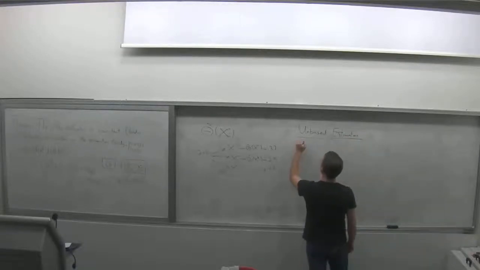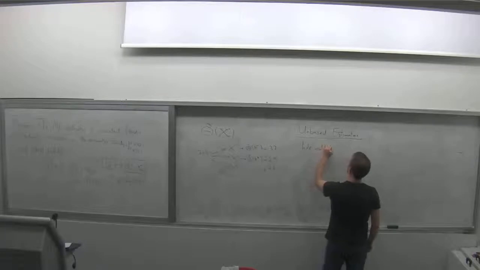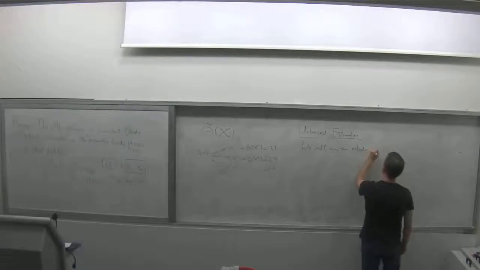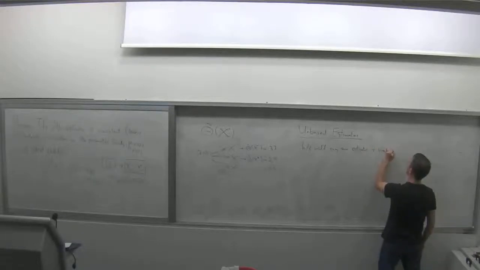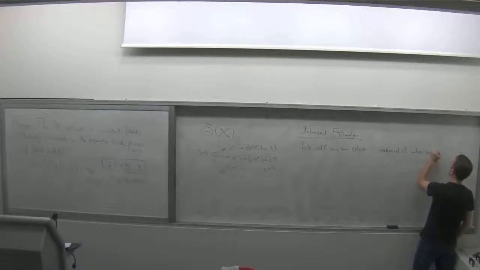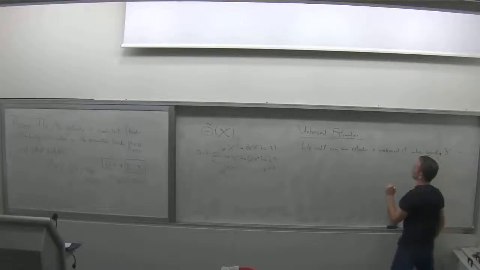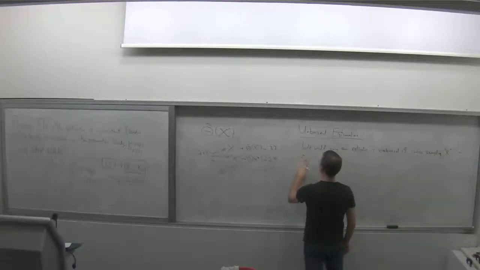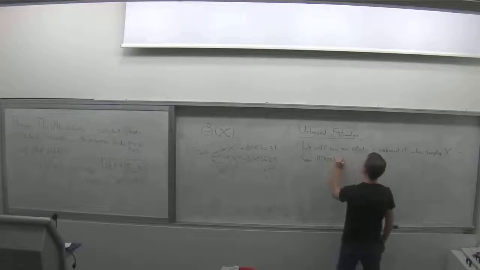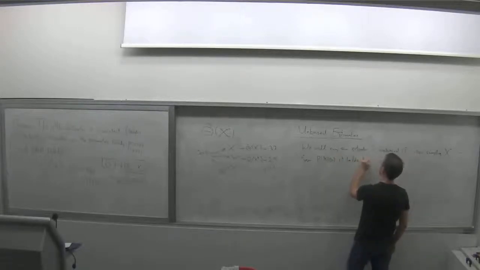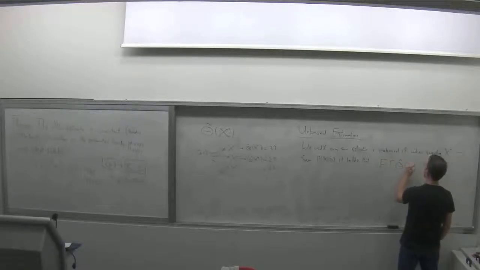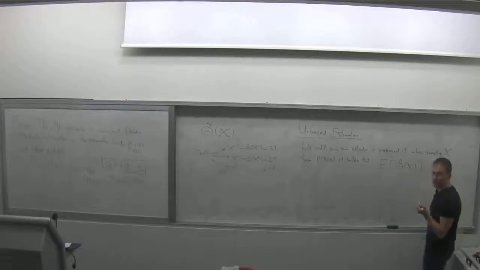And then the definition is we will say an estimator is unbiased if, when sampling xn from p of x given theta, it holds that the expected value of theta hat xn equals what?